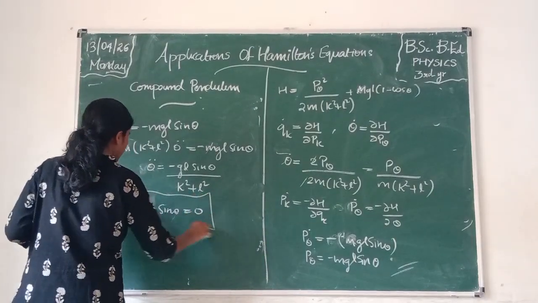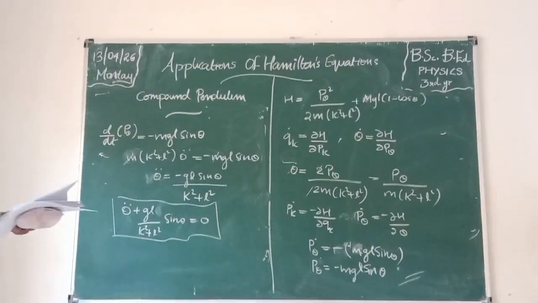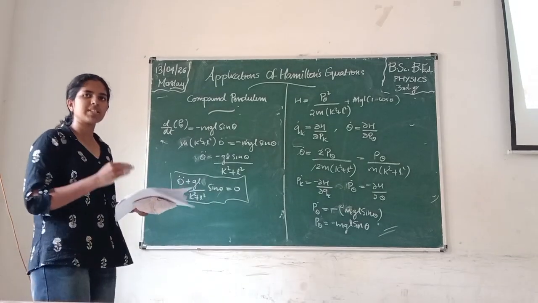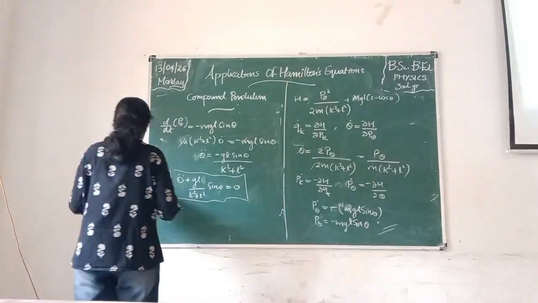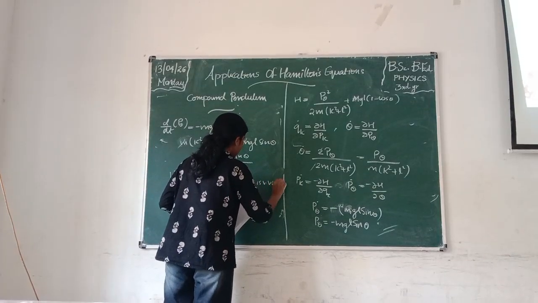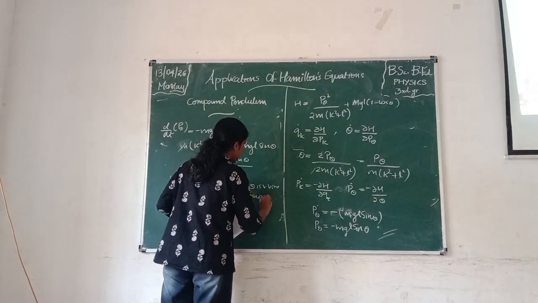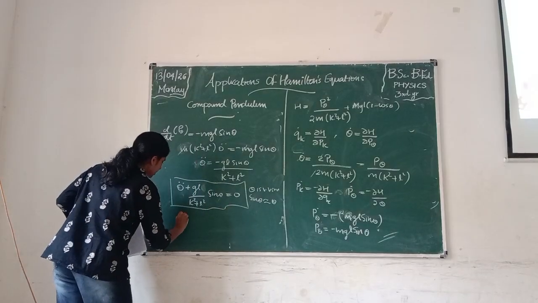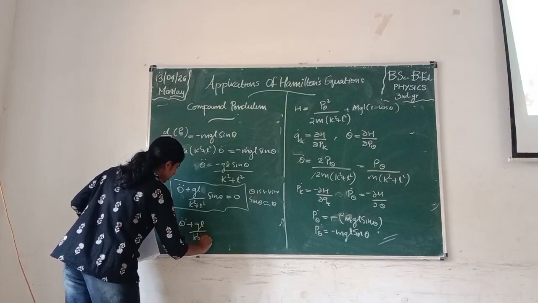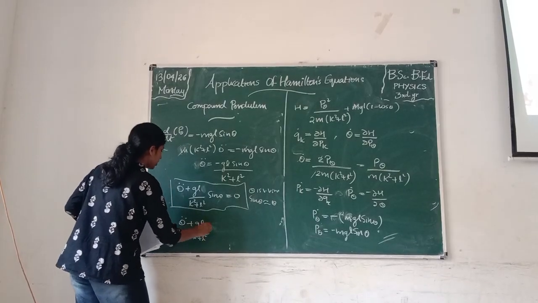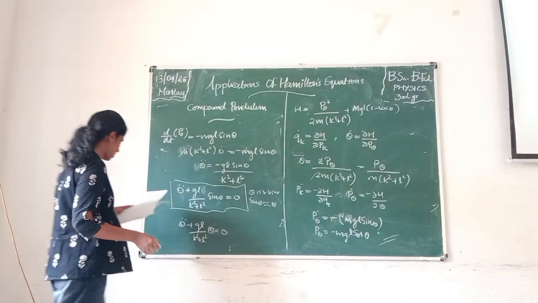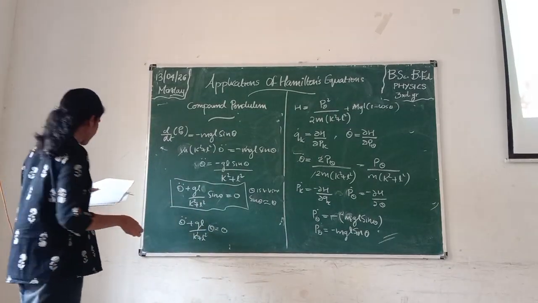This is the equation of motion for a compound pendulum. And as we did for the single pendulum, we also want to find it for small oscillations. If theta is very small, sin theta is almost equal to theta. So theta double dot plus g l by k square plus l square into theta is equal to 0. Okay. So in that way it will be easy.